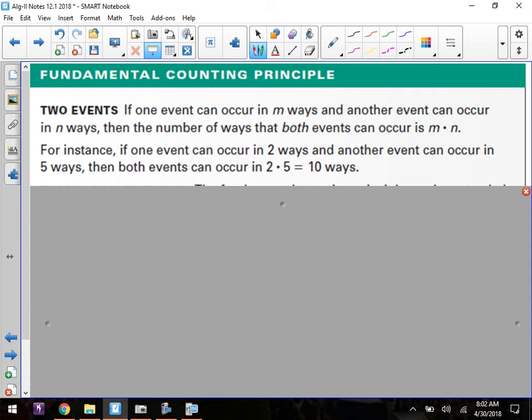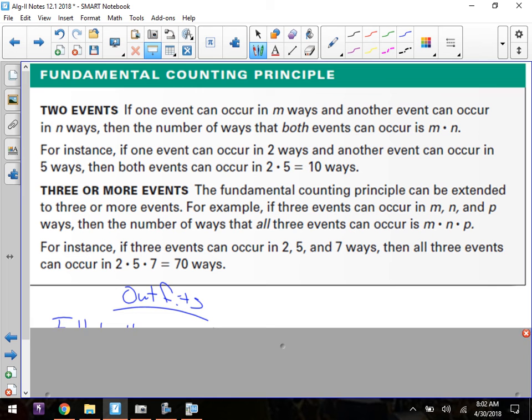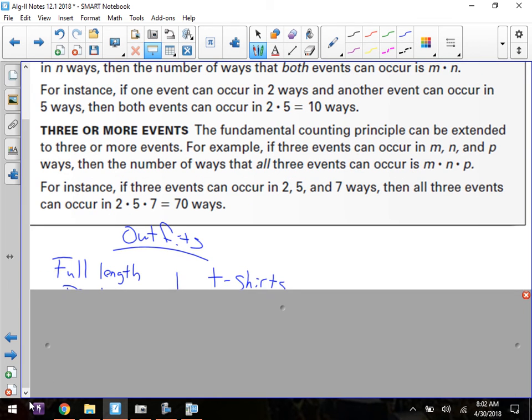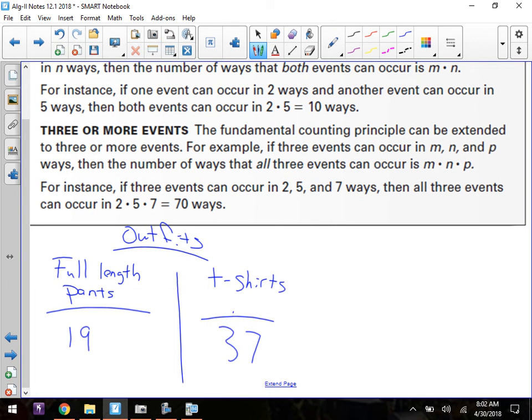I don't know. Anyway, one of the things you can do, and I tried to figure this out once, I was counting one time, like jeans, if you had pants and shirts.